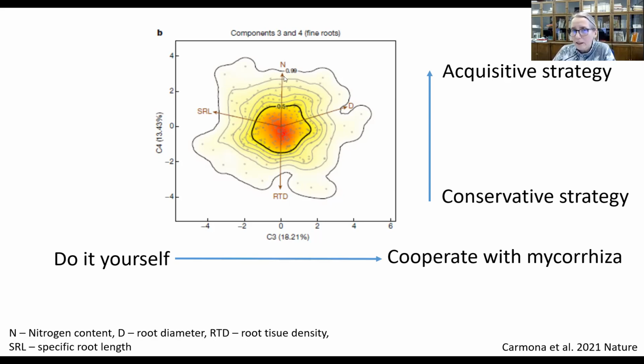The second axis is, similarly to aboveground traits, from an acquisitive strategy, high nitrogen content in fine roots, to high root tissue density, like conservative roots, which are long-lived and so on. So from conservative to acquisitive strategy.